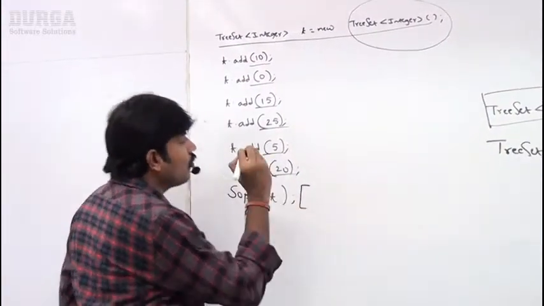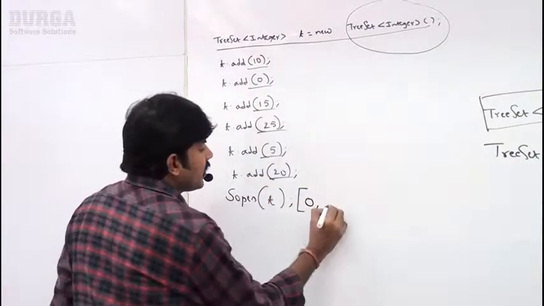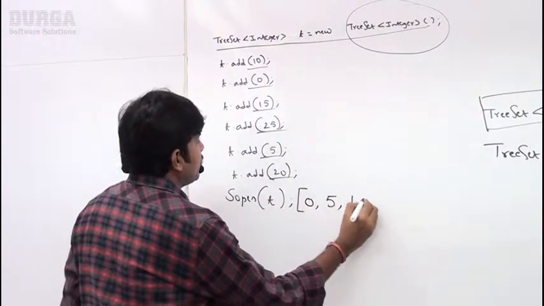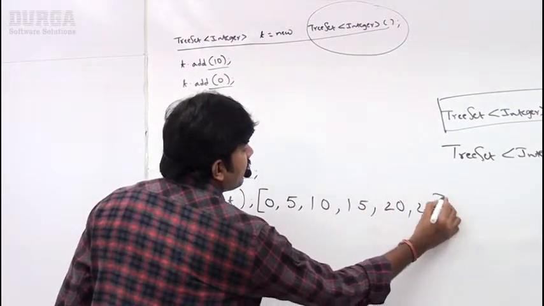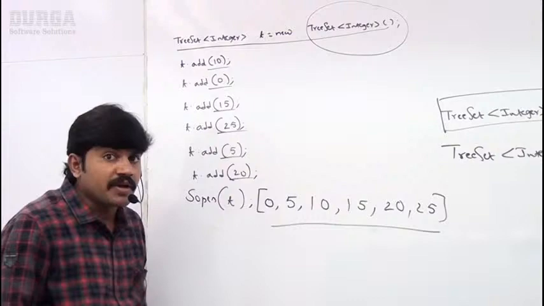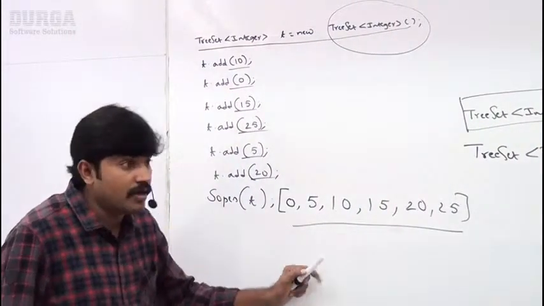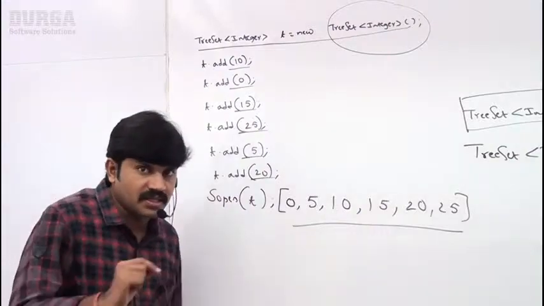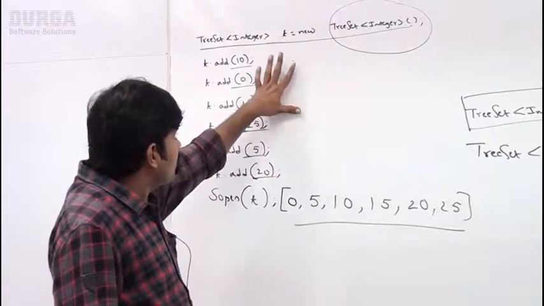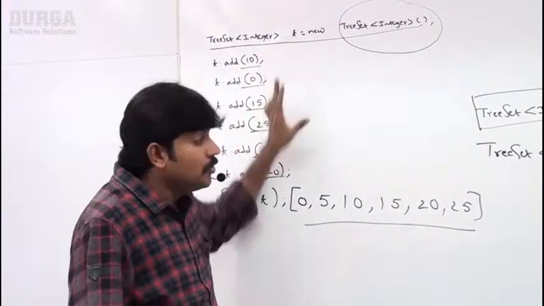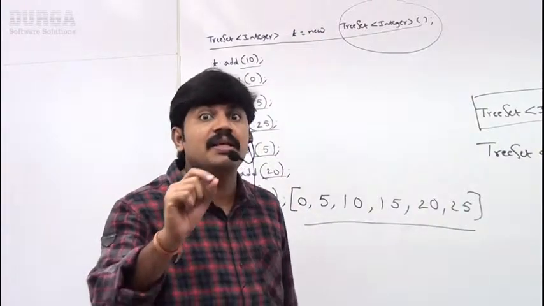That's why the output by default you are going to get is 0, next 5, next 10, next 15, next 20, 25, like this. Ascending order by default. If you want, I will execute and confirm whether we are going to get ascending order or not. Sir, I am not using any comparator, I am not using any lambda expression. Default natural sorting order will be there in the case of TreeSet.